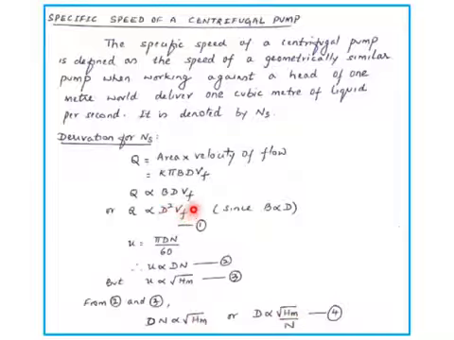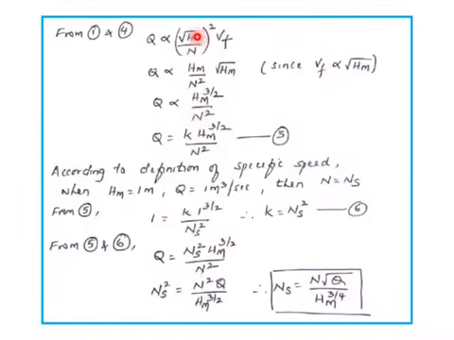And you know that Vf is also proportional to root Hm, as we had taken in the turbine, where it was proportional to root H. Now the equation becomes Q is proportional to root Hm by N whole square into Vf, but Vf is proportional to root Hm. Therefore this can be written as Hm to the power of 3 by 2 by N square. Now taking out the proportionality and introducing a constant, Q equals K times Hm to the power of 3 by 2 by N square.